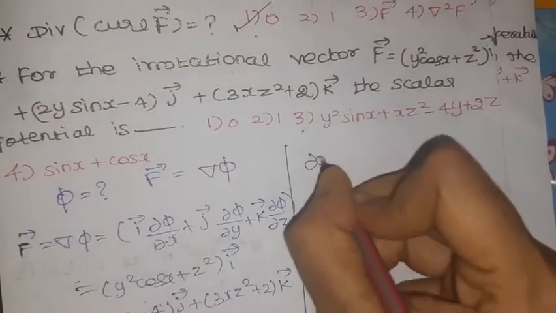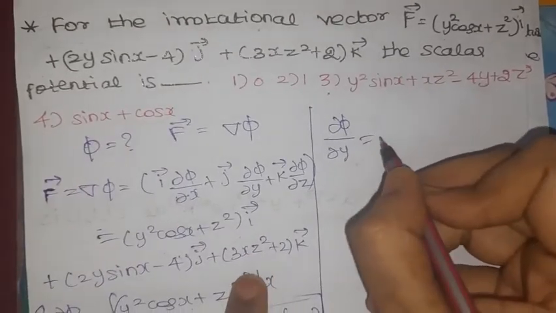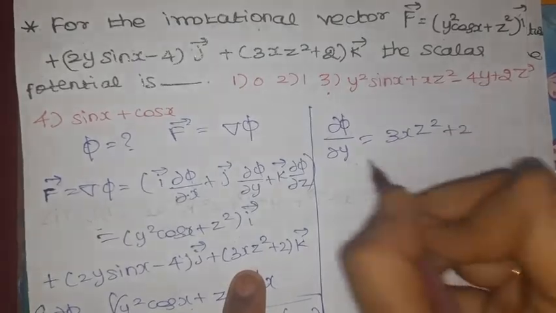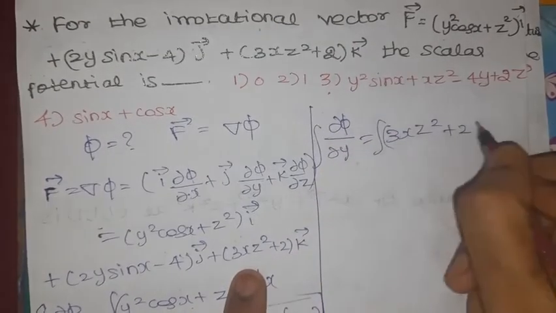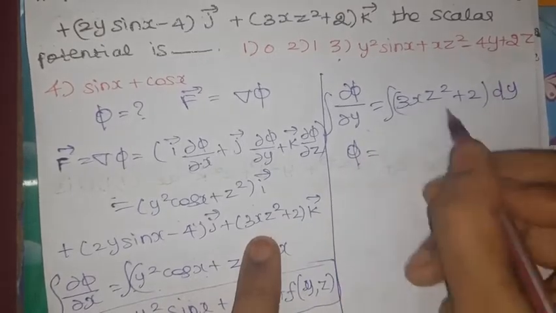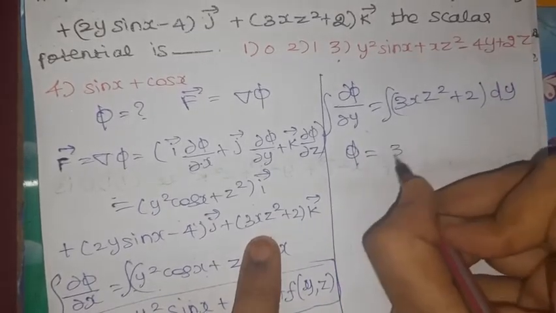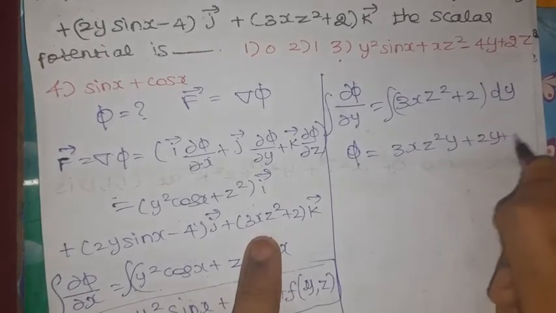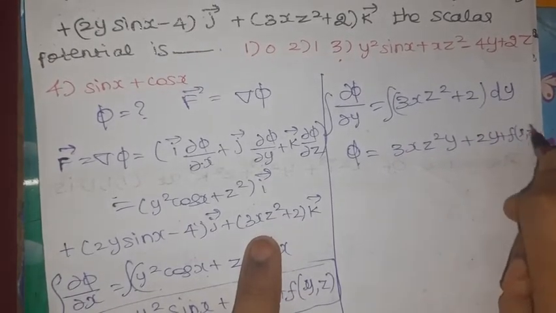Then dou phi by dou y is equal to this term, 3x z squared plus 2. Integrating with respect to y, we get phi equal to 3x z squared y plus 2y plus a function of x and z as constant.